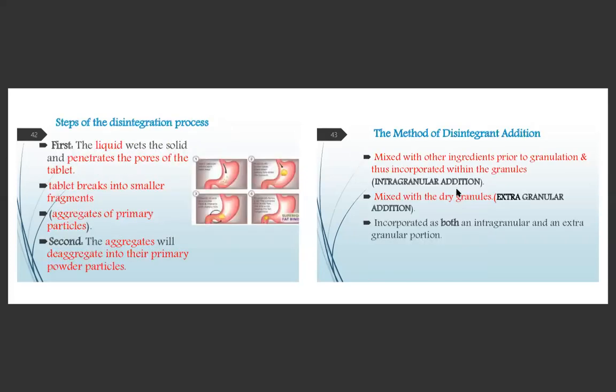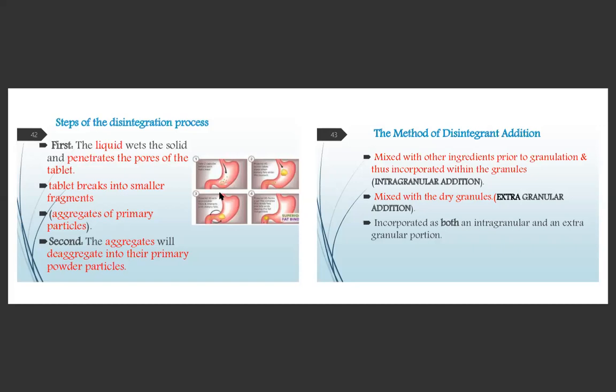Steps of the disintegration process. First, the tablet will enter your stomach. You can see the drug here, and then the drug will slowly start to break into smaller pieces. To make it into pieces, first of all the tablet should get wet.